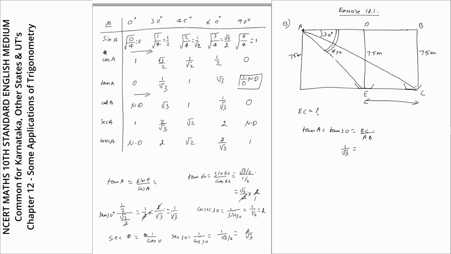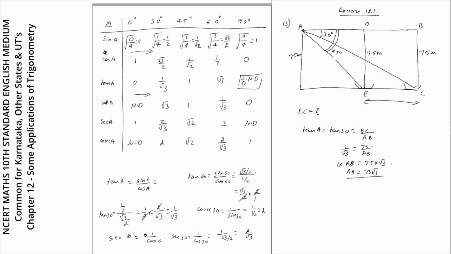So 1 by root 3 is equal to BC by AB. BC is 75 meters and AB is unknown. Now if I cross multiply, 1 into AB is equal to 75 into root 3, and 1 into AB is AB only. AB is equal to 75 root 3.